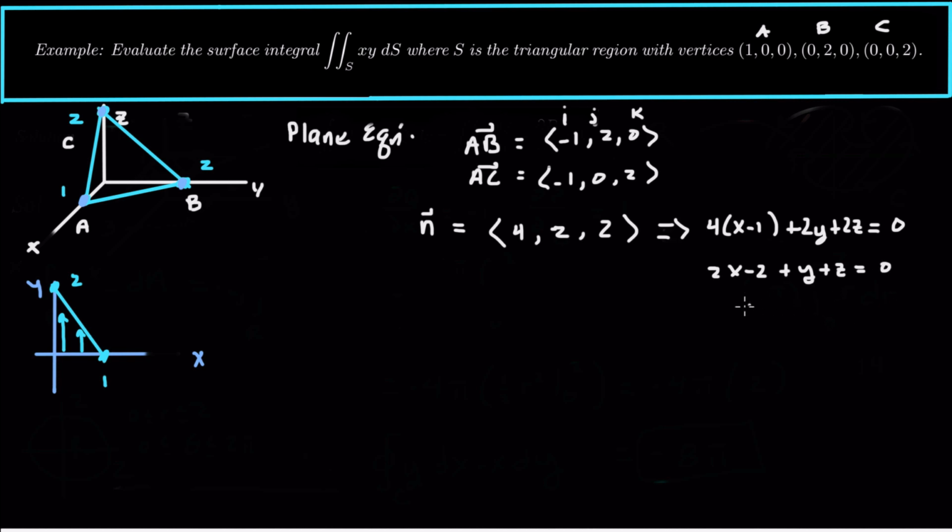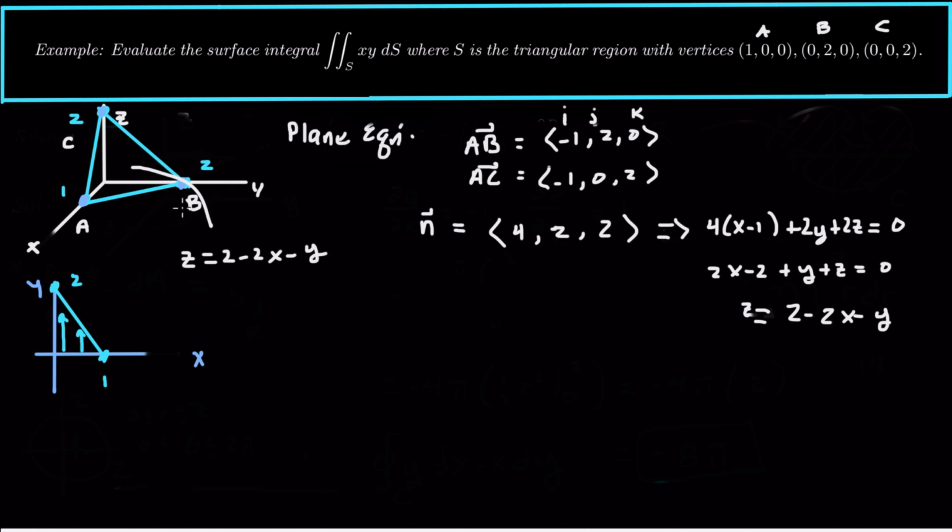Solve that for z. We get z equals 2 minus 2x minus y. So that is our plane equation. So the surface here is z equals 2 minus 2x minus y.